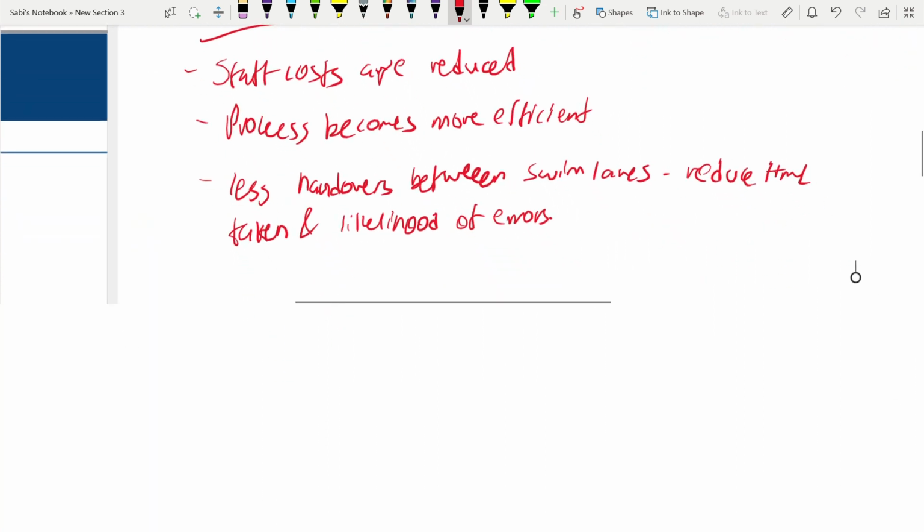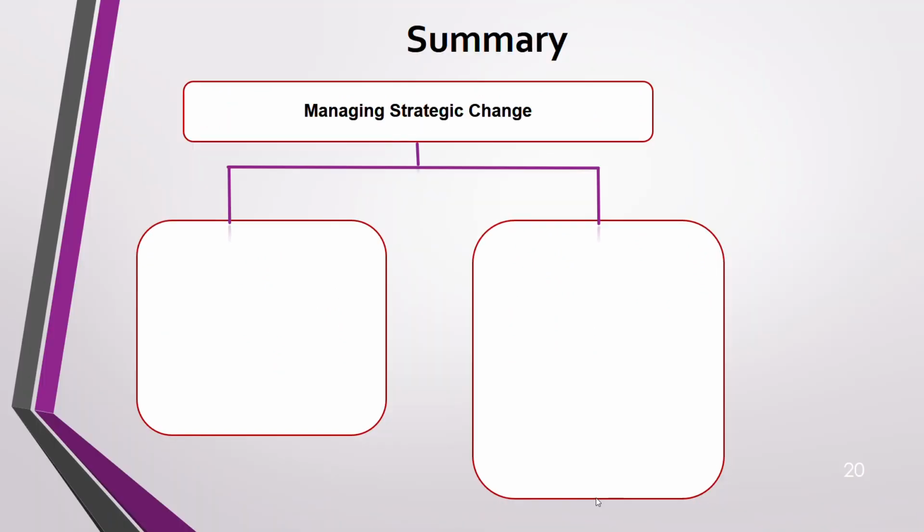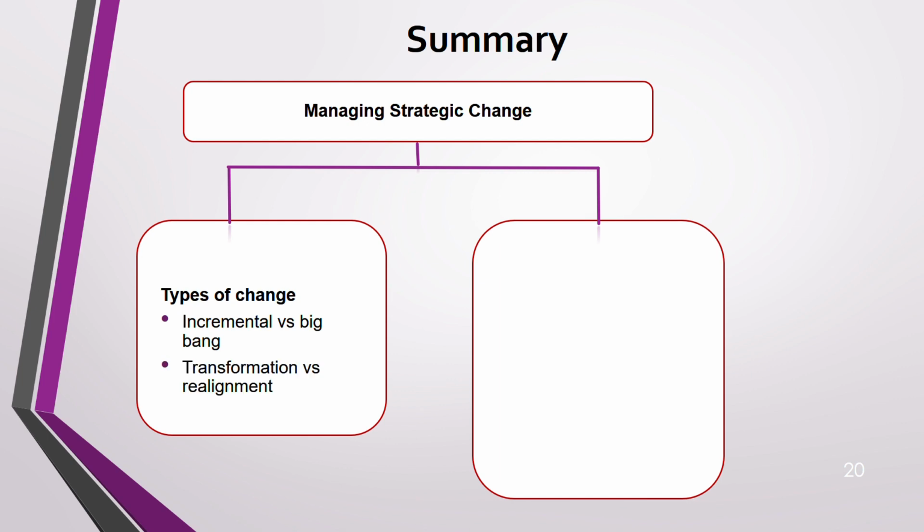So now let's summarize everything that we have covered in this lecture. For managing strategic change, we've been through the types of change: incremental versus big bang, then transformation versus realignment, the scope of the change.